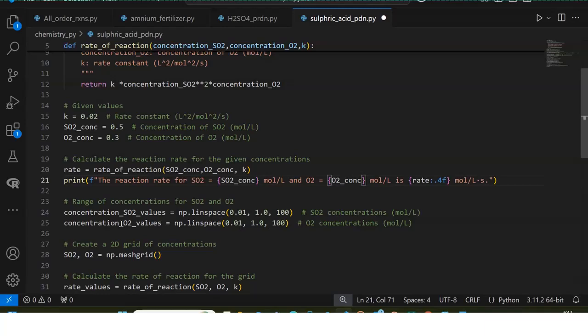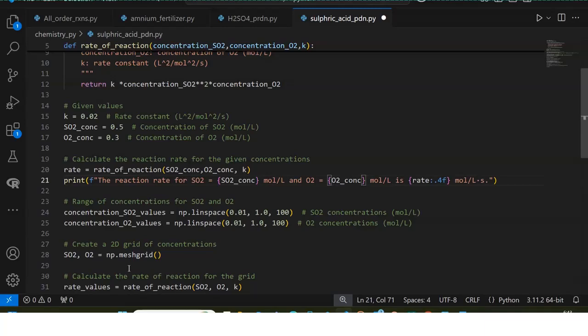What you have to be thinking about right now is that this is going to be a 3-dimensional plot, because we have the concentration of sulfur dioxide on the horizontal, which could be the x-axis, then the concentration of oxygen, maybe on the z-axis, and then on the y-axis, or whichever axis we have there, the rate of the reaction.